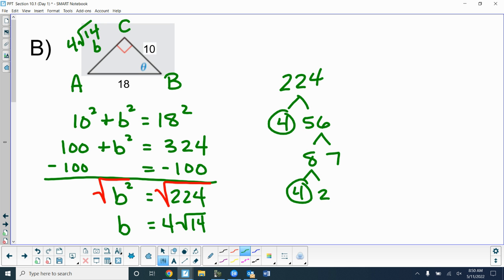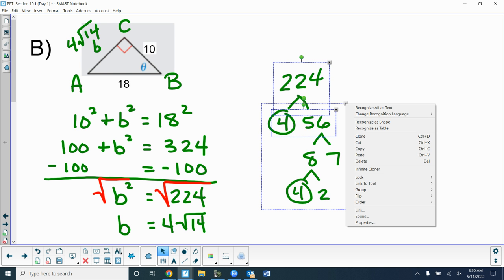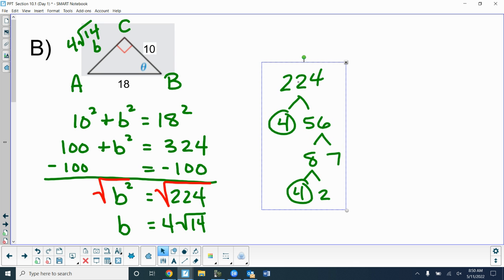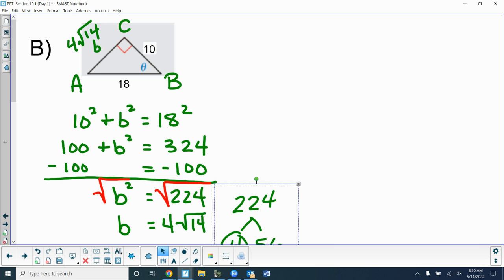So finding all 6 then. Let me move this down so we've got room, if you need to see the work still.